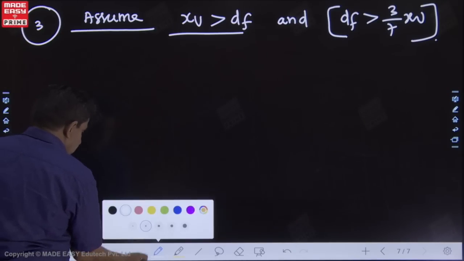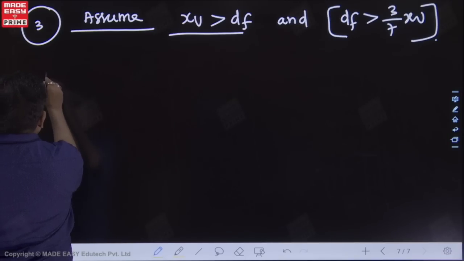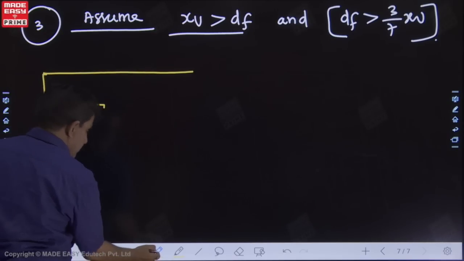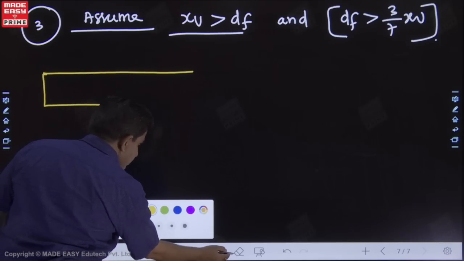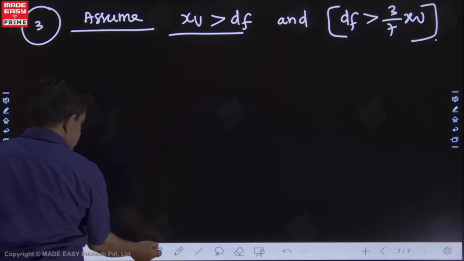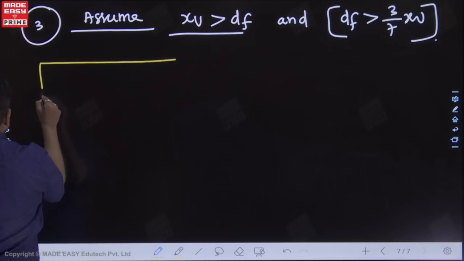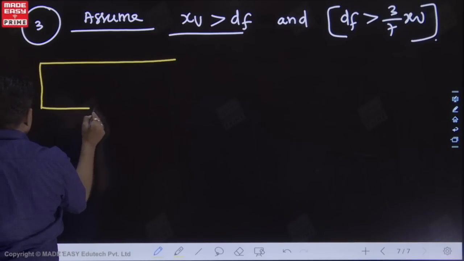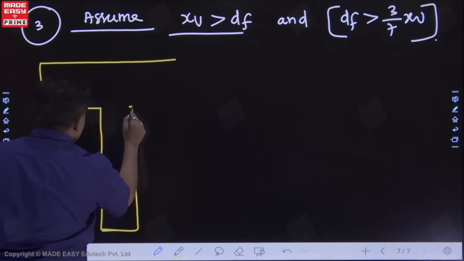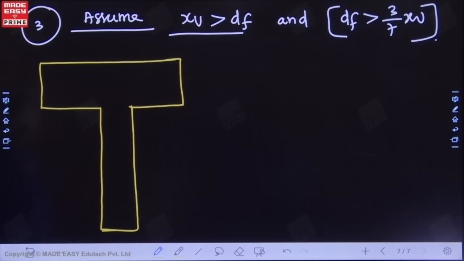So understand the beam again, how we will write the formula. Now again this is your beam. Let me do it again. See, our case is such that this depth of flange is coming greater than 3 by 7 xu.